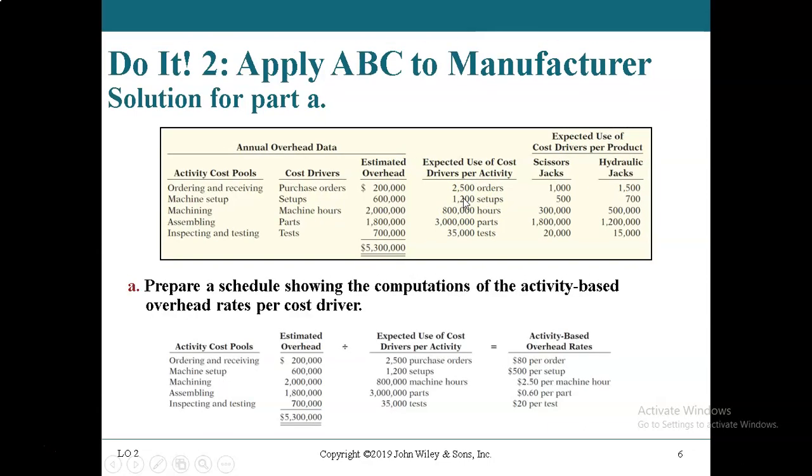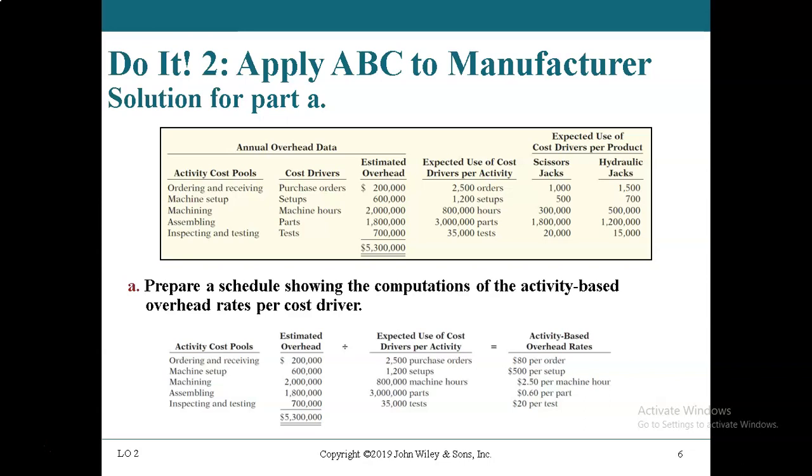So what we do is we figure out a rate for each activity. Take a look at the bottom part here. In the bottom part, you can see we have ordering and receiving. How much is the estimated ordering and receiving overhead cost? 200,000. How many total purchase orders do you expect to have?